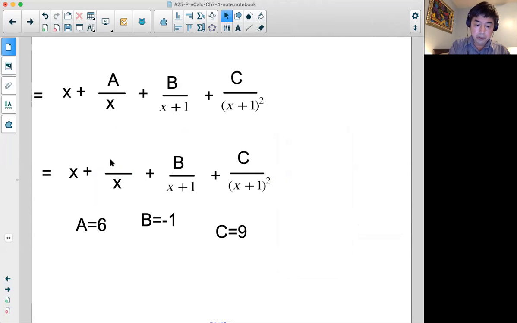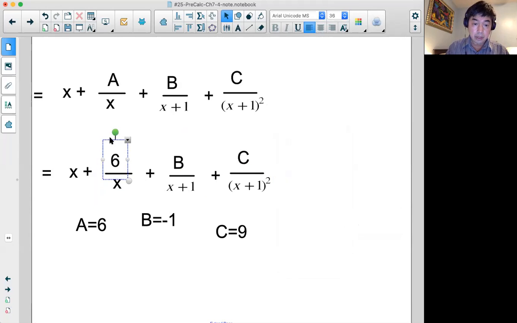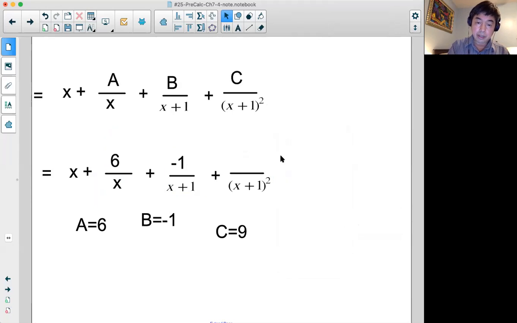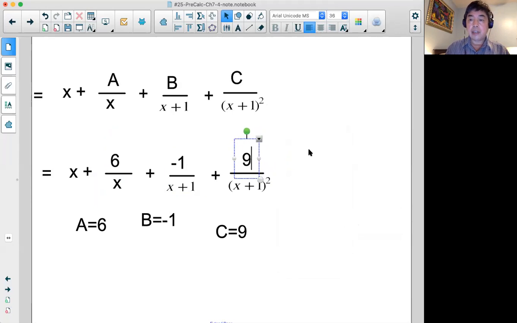A equals 6, b equals -1. Okay, the rule is you don't have to change outside here. It might be a little bit confusing, so keep the plus sign here and plus 9. Okay, this is the end of example 2.